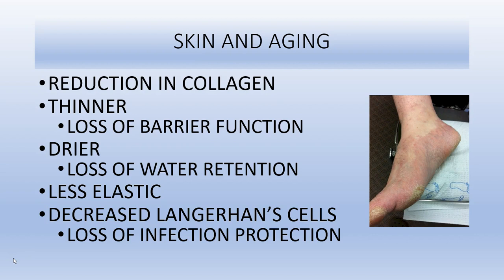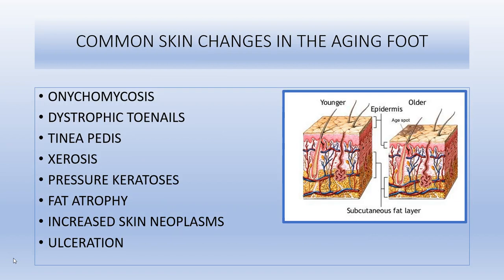The skin becomes less elastic, and we do have decreased function and numbers of Langerhans cells, as a result of which we have some degree of immune incompetence in the skin and increased propensity to pick up infections, including fungal, bacterial, and viral infections.